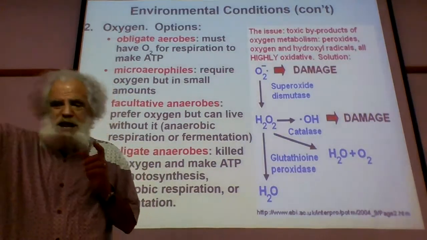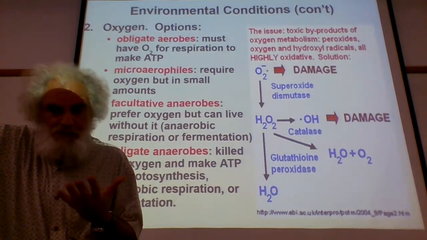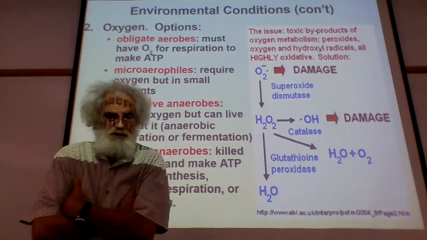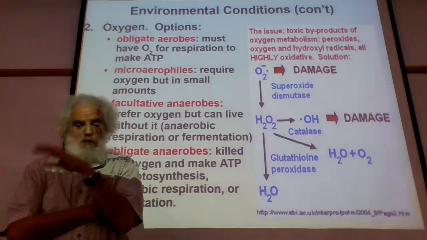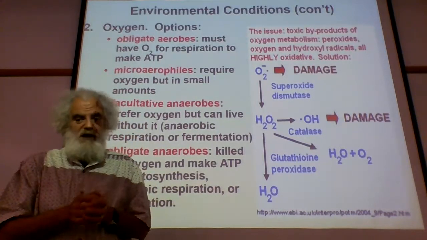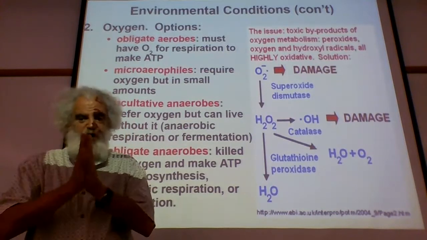Now, the issue of this is there are some toxic byproducts of oxygen. And we don't really think about that so much because we use oxygen all the time. But all the time, our mitochondria are generating oxygen radicals, the O1. Oxygen is typically found as O2.